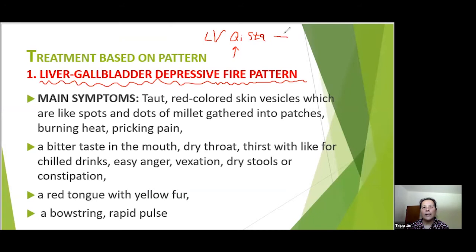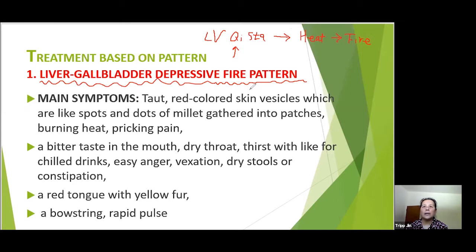When qi stagnates, qi is not moving, and when everything is not moving, it will generate heat. Severe heat we call fire. So what's the difference between fire and heat?